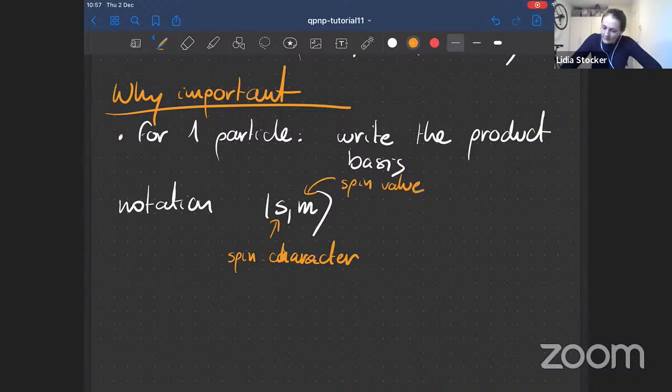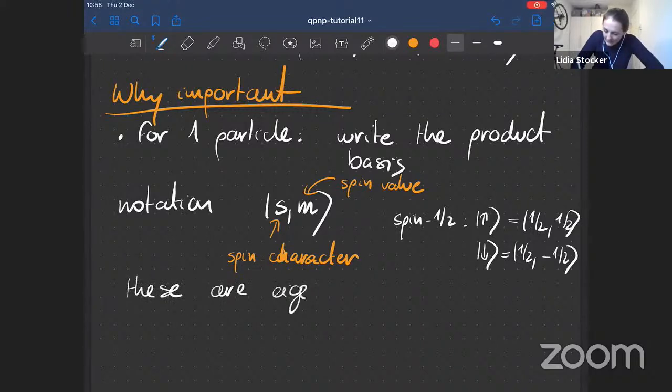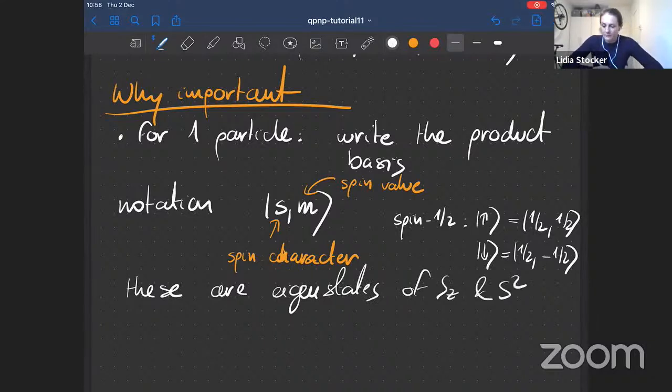If we have the up state, for example, for a spin 1/2 particle, the up state will be 1/2 and 1/2, because it's a spin 1/2 particle and the spin value is 1/2, pointing up. The down state we write as 1/2 and minus 1/2. These are eigenstates of SZ and S square.